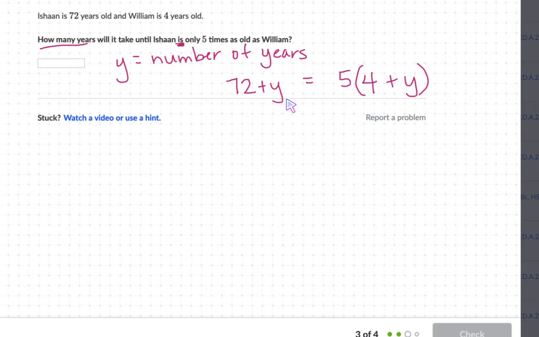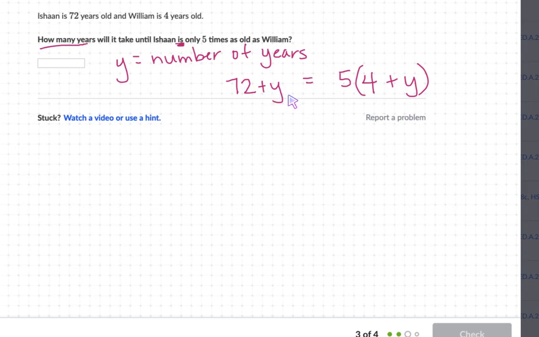In a mysterious amount of years, which we labeled as y, he will be 72 plus y. And his age will be equal to 5 times the age, 5 times as old as William's age in that mysterious amount of years. So both of them have to add y, the mysterious amount of years in the future.